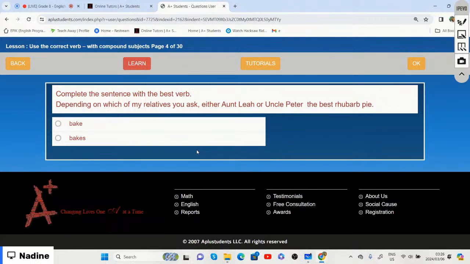Depending on which of my relatives you ask, either Aunt Leah or Uncle Peter, do we say bake the best rhubarb pie or bakes the best rhubarb pie?